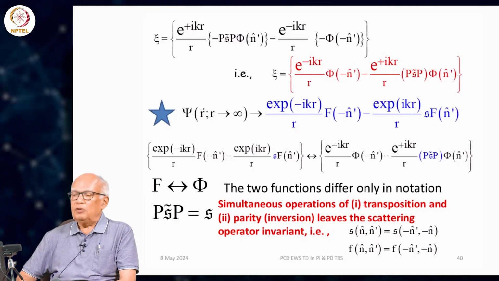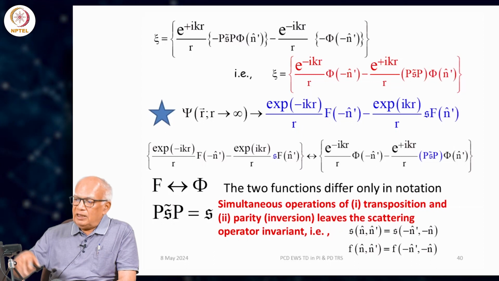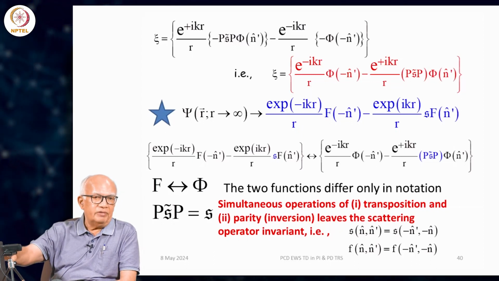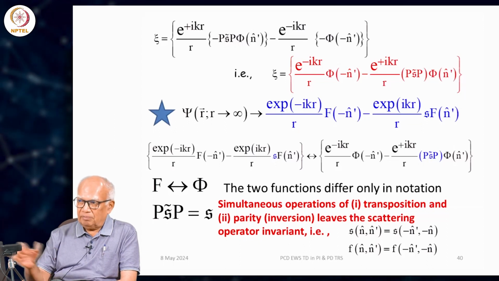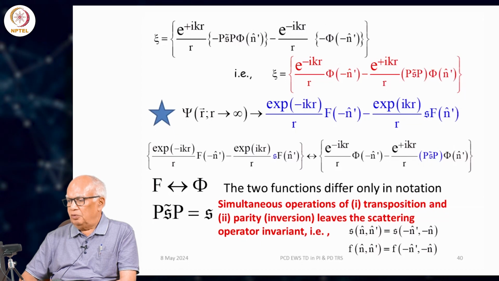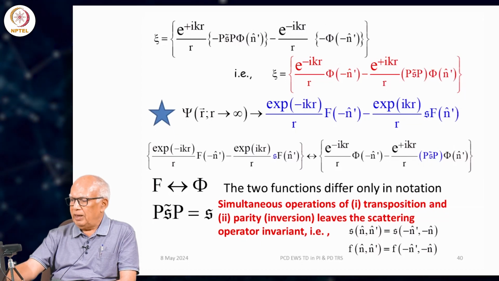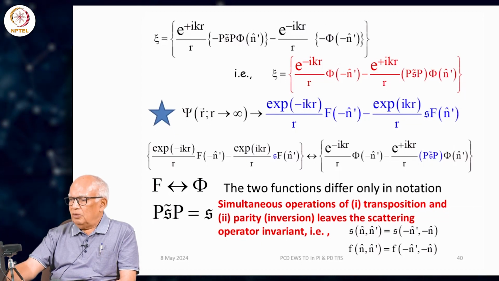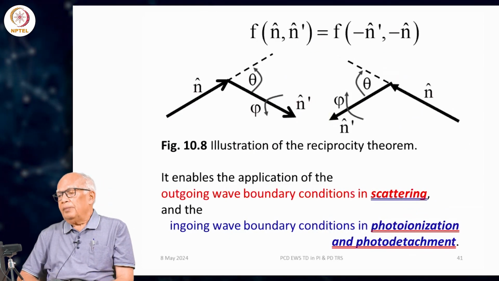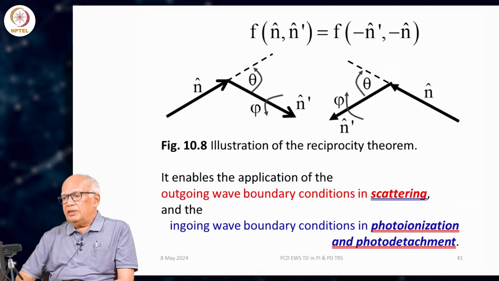That is the reciprocity theorem, and that is what is proved in these few slides which I have jumped. But the proof is basically quite simple. If you have any difficulty, feel free to email me, but I do not think there will be any difficulty. So, this is the result of the theorem.